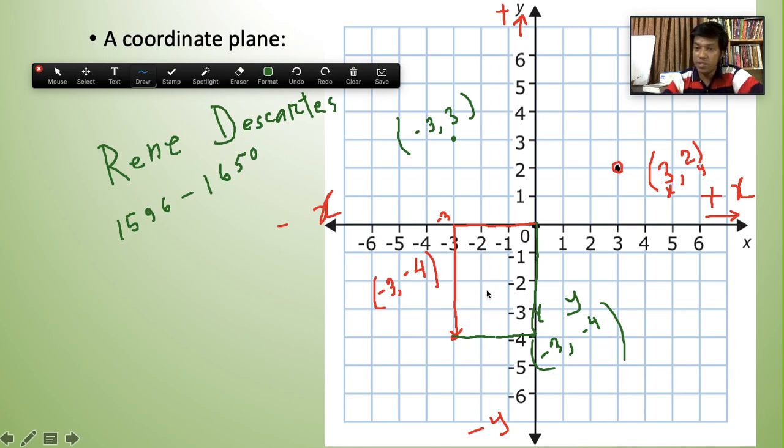Very carefully notice it. Before René Descartes, algebra and geometry were different things. This is algebra, this is geometry, and you had to study them separately. But after this discovery, algebra and geometry are now connected.